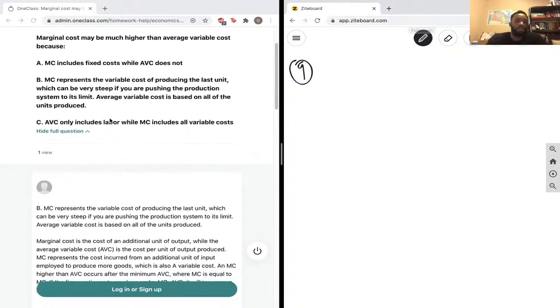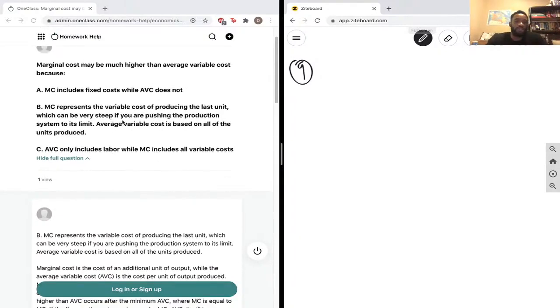But B is just a more complete answer because if you're really pushing production, then the change in marginal cost could be significantly higher than all the other costs. And if that change is significantly higher, it would be shown on the marginal cost, but it wouldn't necessarily be shown on the average variable cost because average variable cost includes all the variable costs as a whole. So the complete answer here would be B.